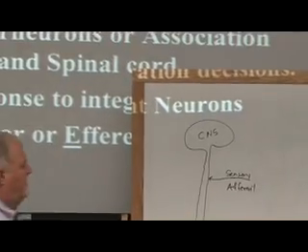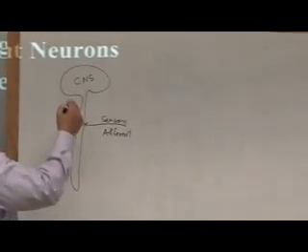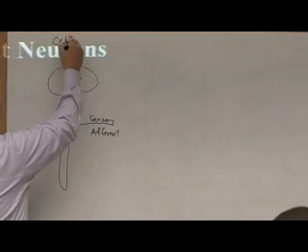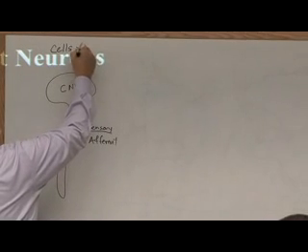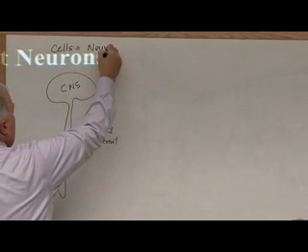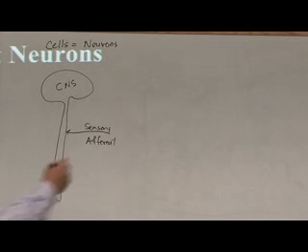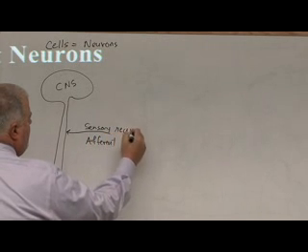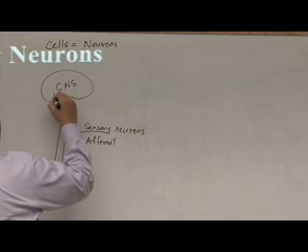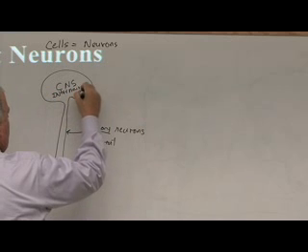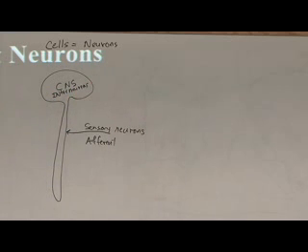The cells that make up the nervous system are called neurons, so that's the name for the cells we're going to refer to. So we have sensory neurons here, and we have interneurons within the central nervous system.